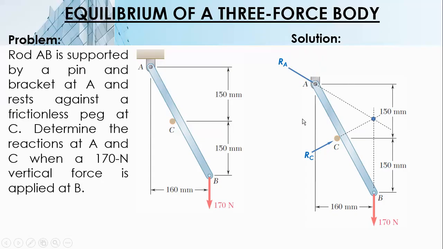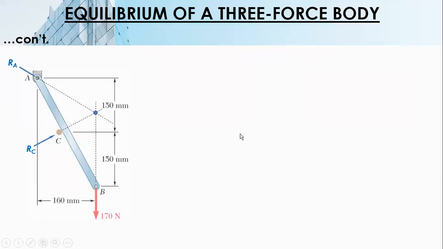So, replace this by RA. And then from here, construct a triangle and solve for the angles. To form a triangle, you can put 170 there so the triangle closes: 170, RC, and then RA. We compute for the angles, the direction of RC and the direction of RA, for our triangle.